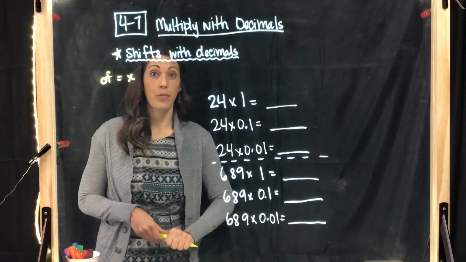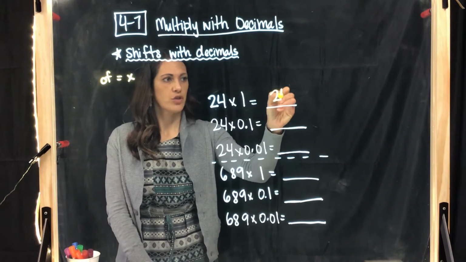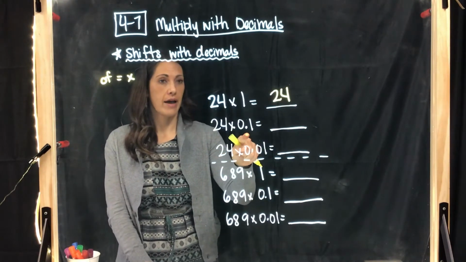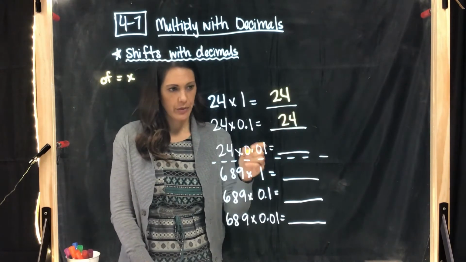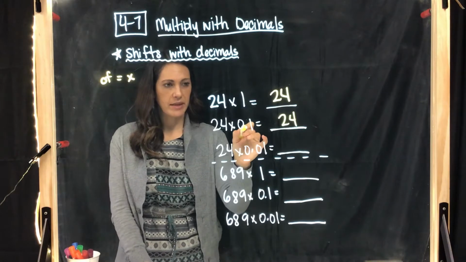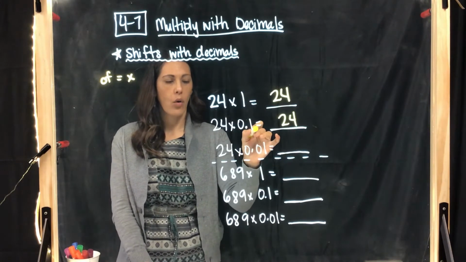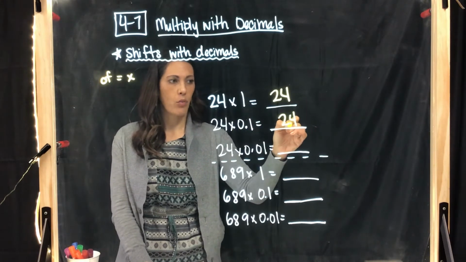Let's take a look at a few more problems. 24 times 1, pretty easy. That's 24. 24 times 1/10, okay? I'm gonna write my number 24 down, and I'm going to see how many decimal places this is from the back. There's 1 decimal place, so I'm gonna come in from the back and put 1 in.